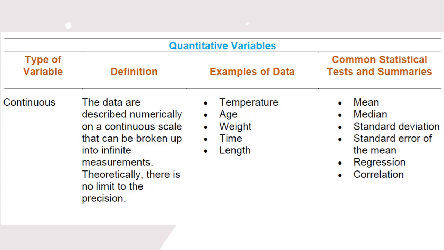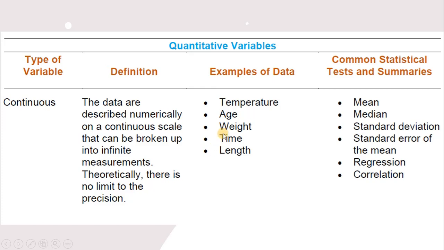There's 1.5, and between them you can have 1.25, and then in between that, and so on. You can get closer and closer to 0 as well: 0.5 and then 0.25. So theoretically, there is no limit to the precision.